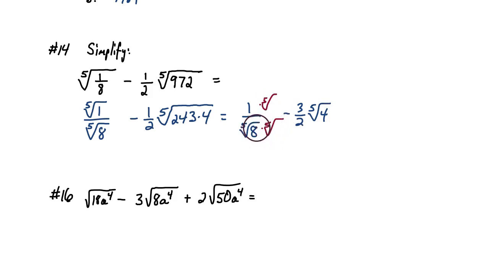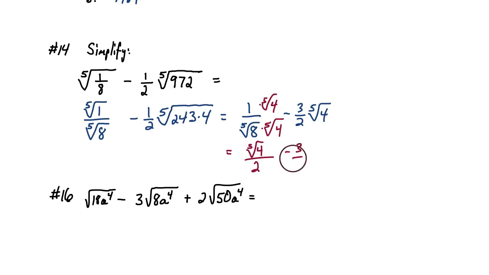What is the smallest multiple of 8 that does have a perfect 5th root? That's 32. So we can change 8 into 32 if we times it by the fifth root of 4. This makes fifth root of 4 on top, and on the bottom, the fifth root of 32. But the fifth root of 32 is just 2.